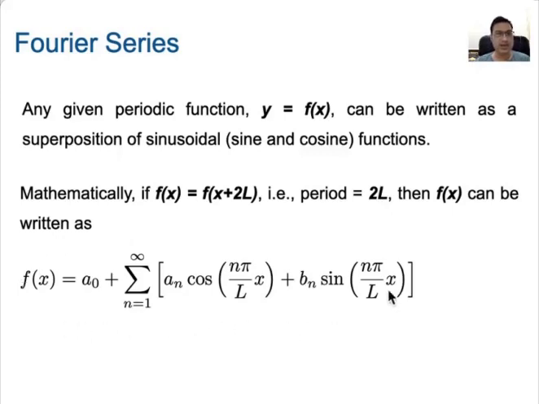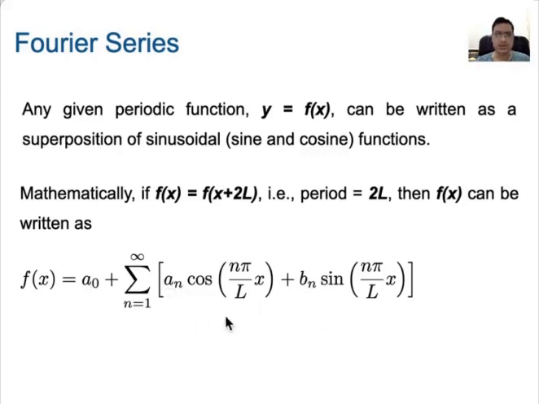So you take any function, whatever shape it is, the only condition right now we are imposing is that this function must be periodic in nature. We will come to non-periodic functions in a moment, but any periodic function can be expressed in this Fourier series.